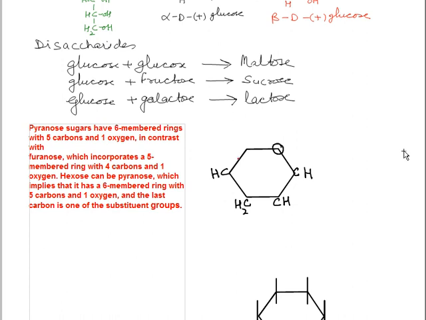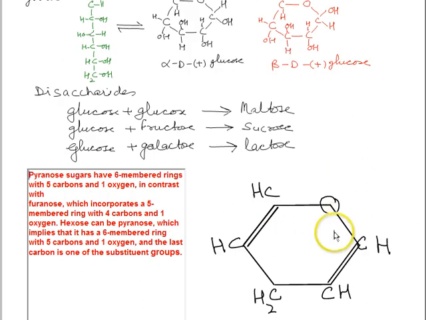So this is a pyran complex. Again we have to write CH here also. To complete the valency of this compound, we'll find a double bond over here, double bond here, and another double bond here. So now this is a pyran.